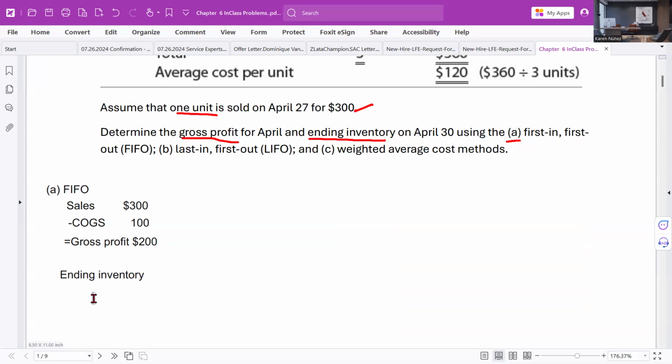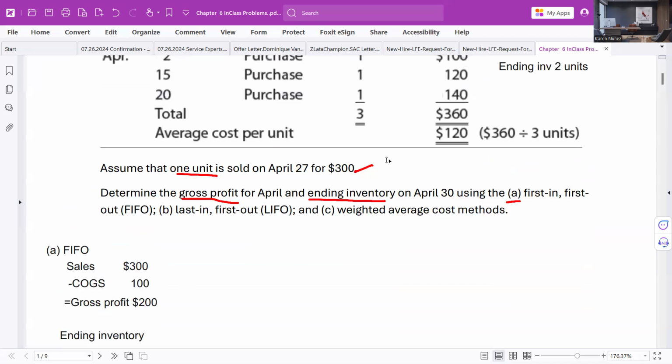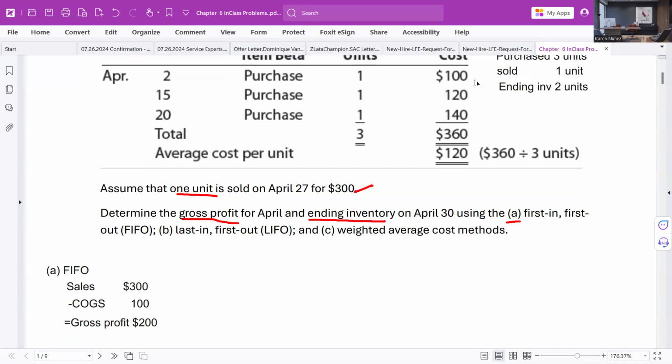So the ending inventory of 2 units, right? Remember the FIFO method, first in, first out. It's the last ones that are in the ending inventory. We have 1 at 140 and 1 at 120.